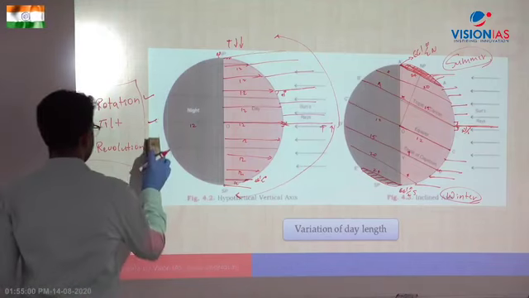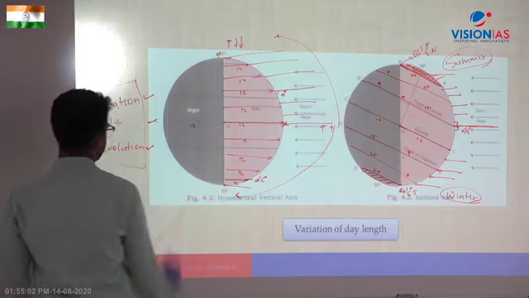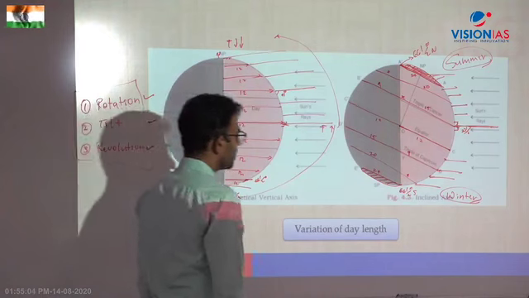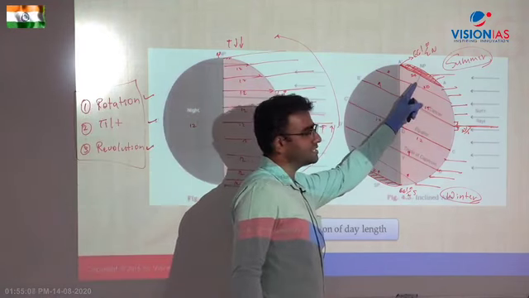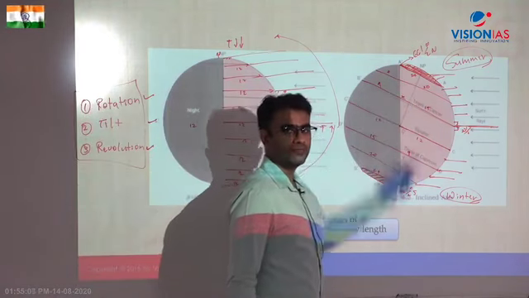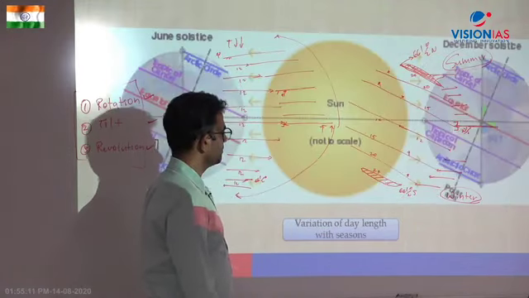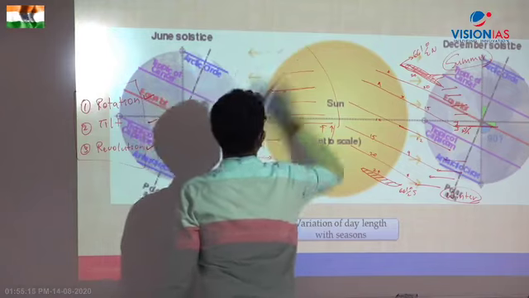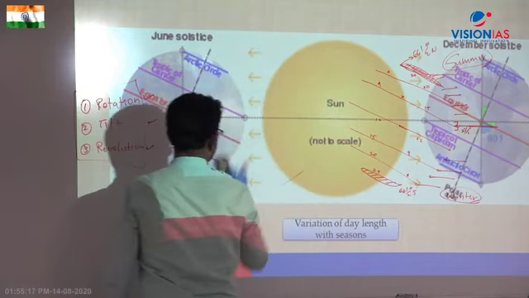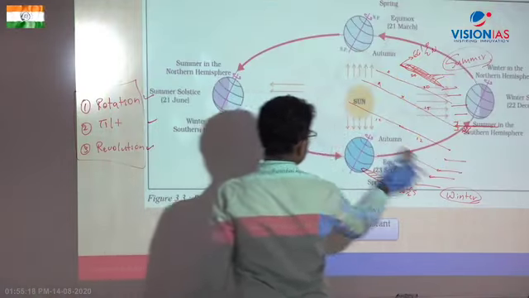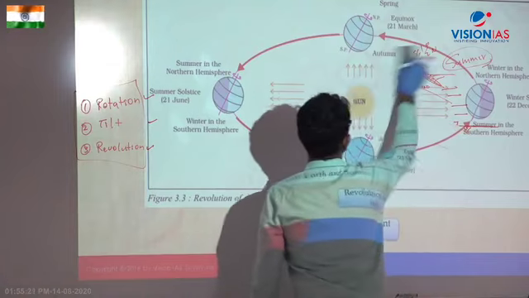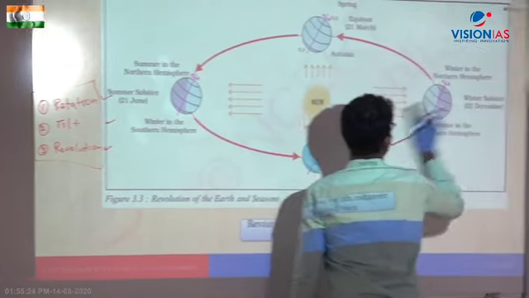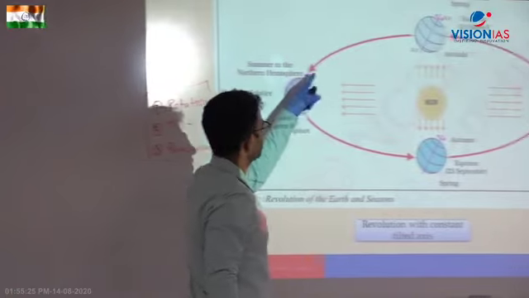Now let's bring the third factor also, revolution. Revolution में क्या होगा? Earth would not change its axis of tilt. Can you see it is tilted in this direction?